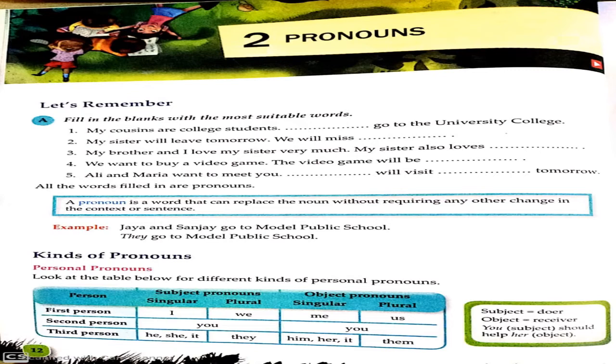If the subject pronoun is you, then the object pronoun, whether singular or plural, will be you. Now the third person. The subject pronoun singular is he, she or it. Then the object pronoun singular will be him, her, it. If the subject pronoun plural third person is they, then the object pronoun plural will be them.